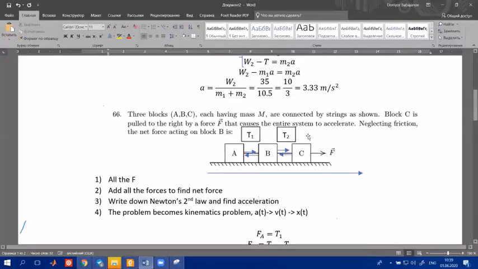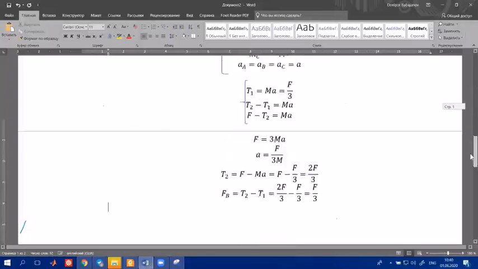So we don't consider the internal forces. That's because if you consider the whole system, then the addition of these two forces will be neglected. These two forces cancel each other, these also. And you consider only the external force F. So the problem becomes very simple.